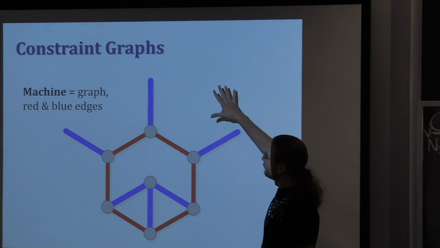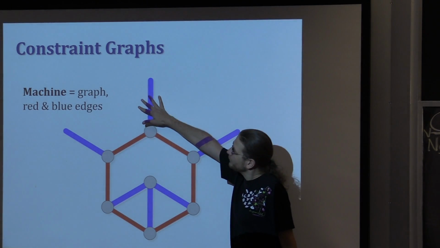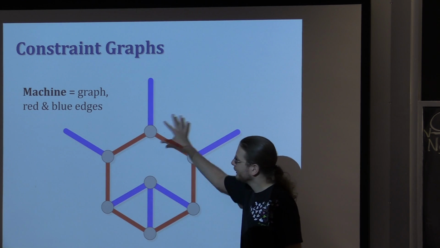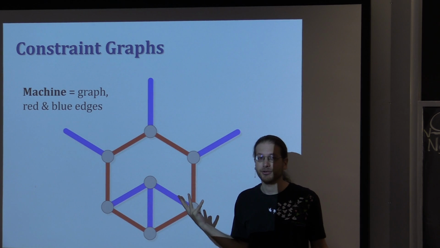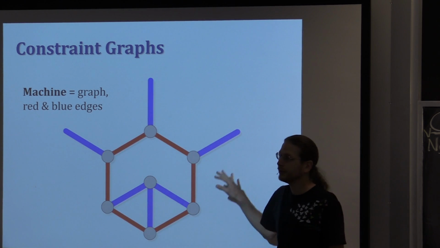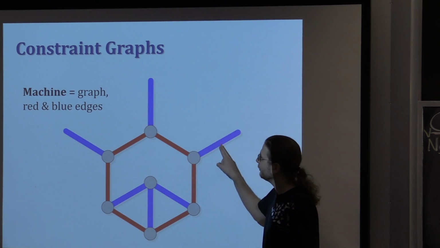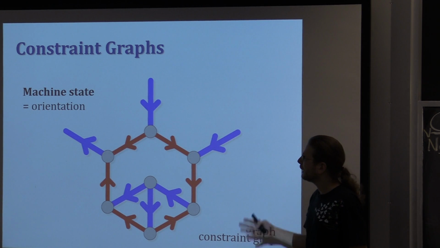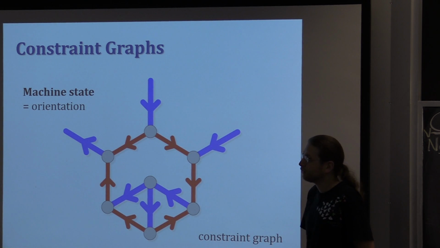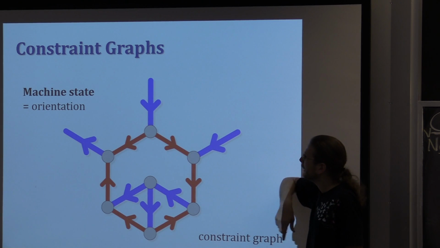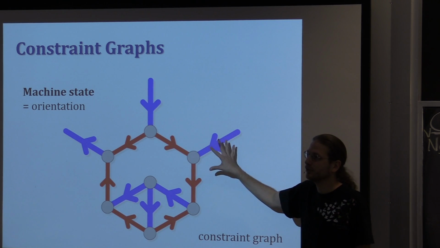So we start with the notion of a machine. We won't use this term too much, but the idea is we start with an undirected graph. Think of this as a model of computation. So your computer is an undirected graph with red edges and blue edges. Red edges have weight 1, blue edges have weight 2. And then a configuration of that machine, or a constraint graph in total, is an orientation of that graph.